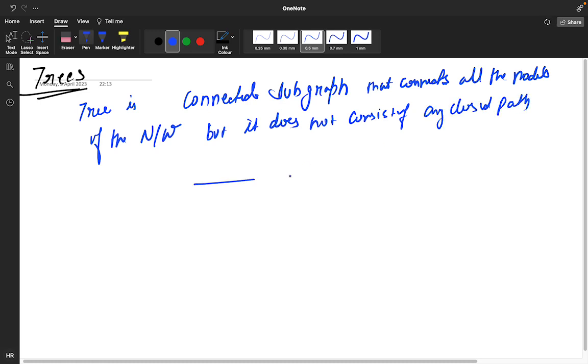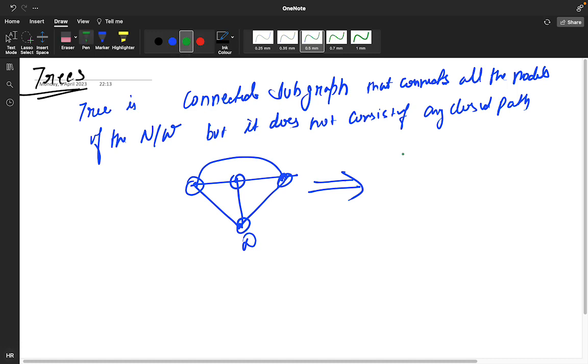Okay guys, you have a graph like this. So this is your node A, this is your node B, this is node C, and this is your node D. You have constructed it from one electrical circuit. From this you want to make a tree. What could be your answer? It should be like this.